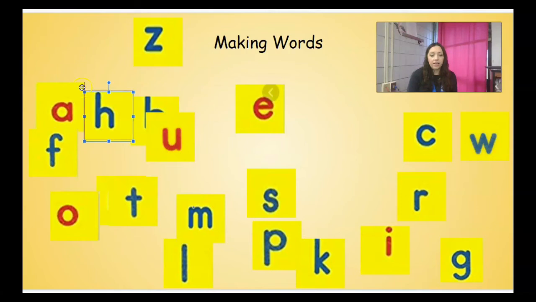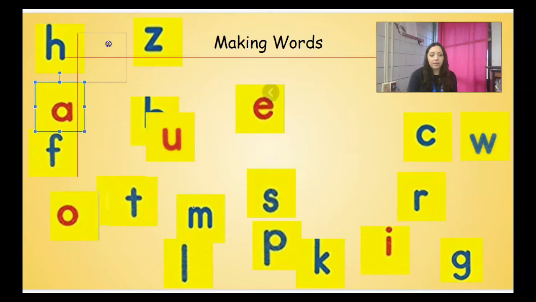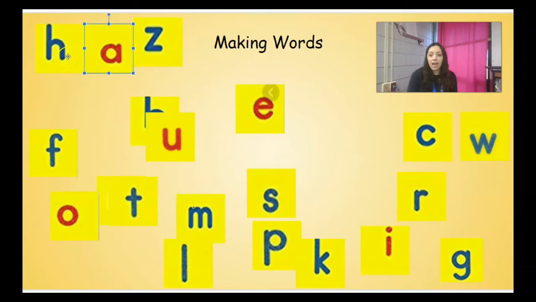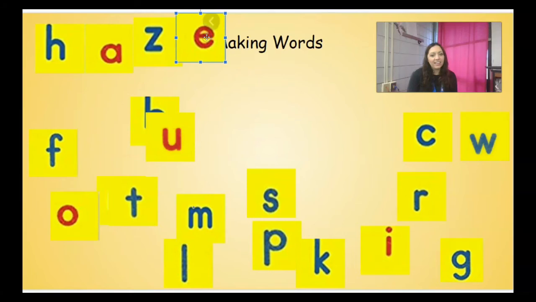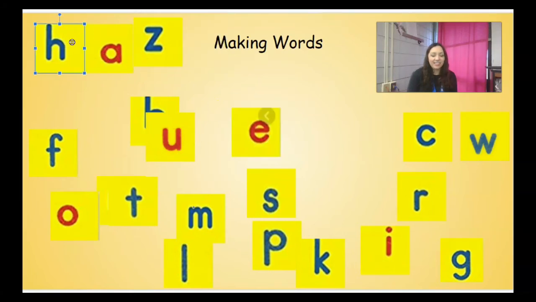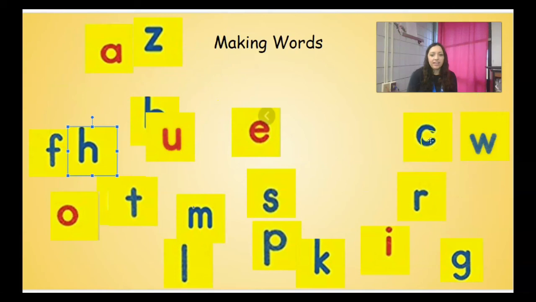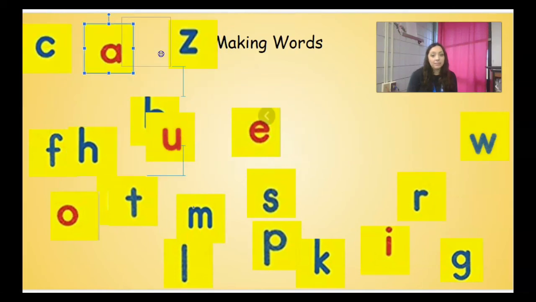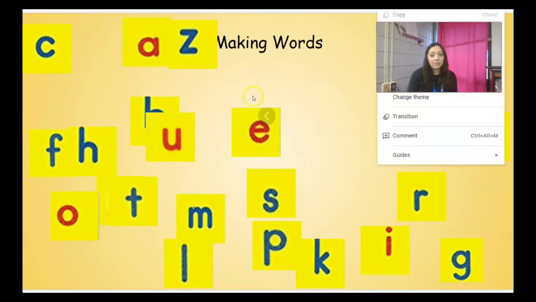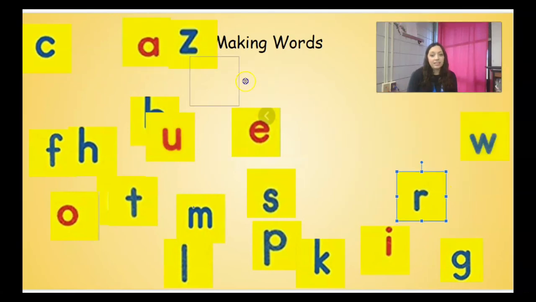All right, let's try another one. What if I add an H up there now? I have has. Is that how we spell has though? No. But then I add the E and it would be haze. Very good. All right, we're going to try one more. And this time I'm going to add a blend at the beginning. So I'm going to add that CR blend.